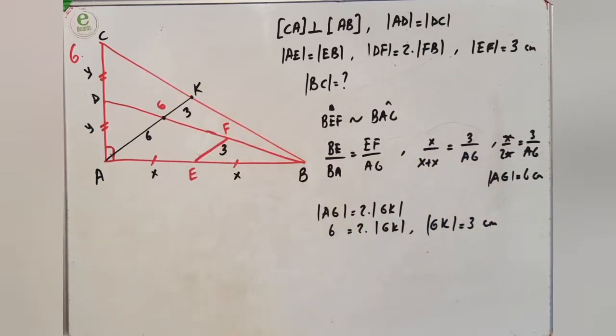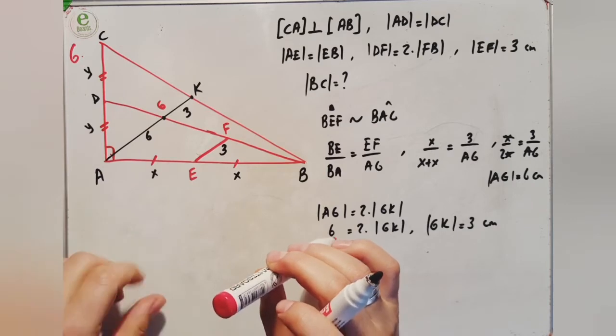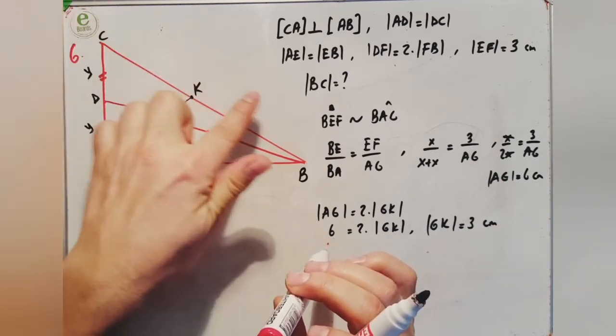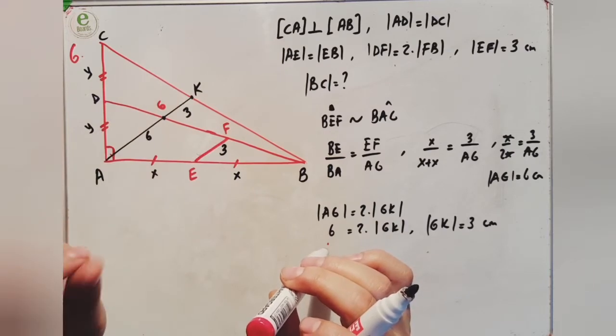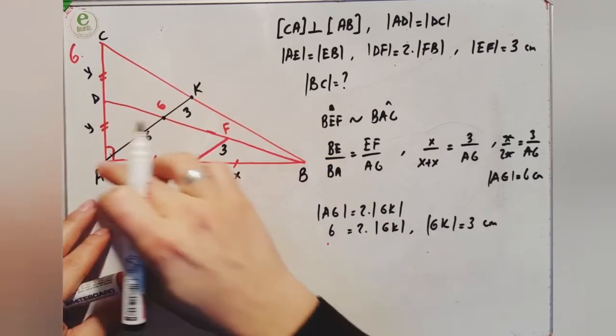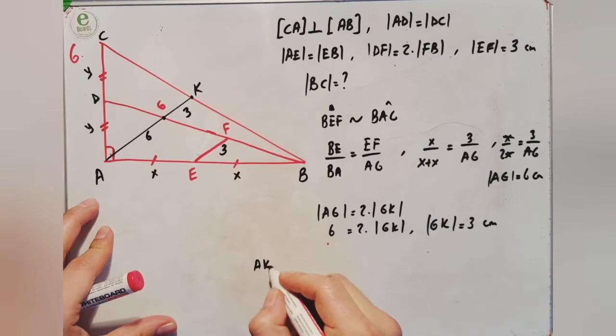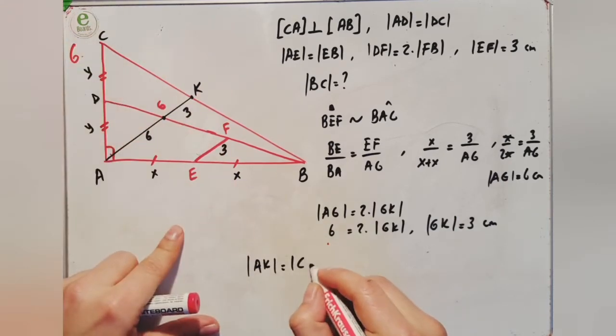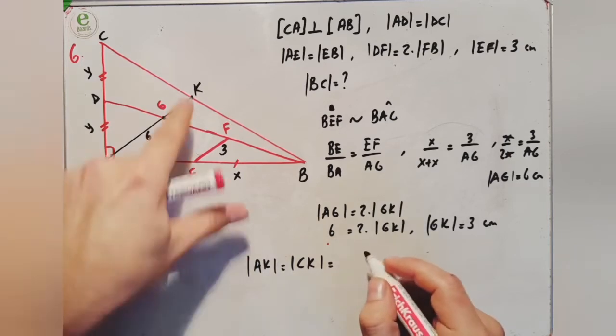And we know that, let me repeat it again, in a right triangle, the length of the median to the hypotenuse equals half the length of the hypotenuse. Therefore, AK is equal to CK is equal to KB.